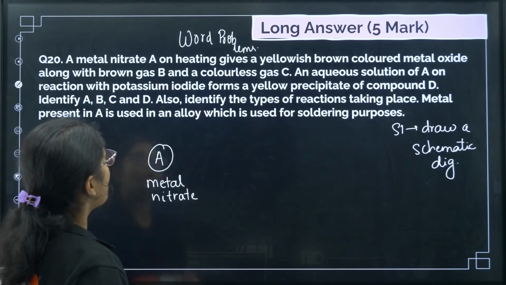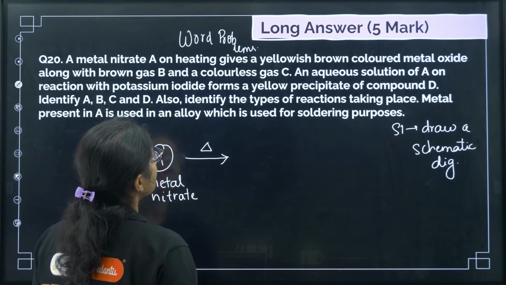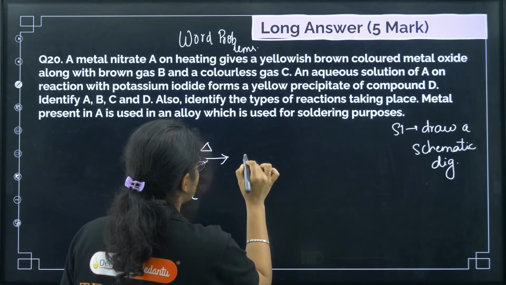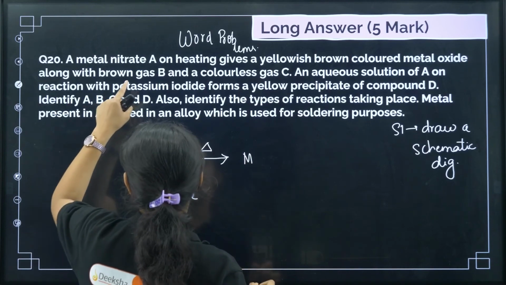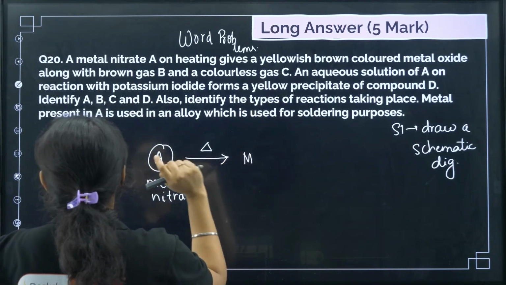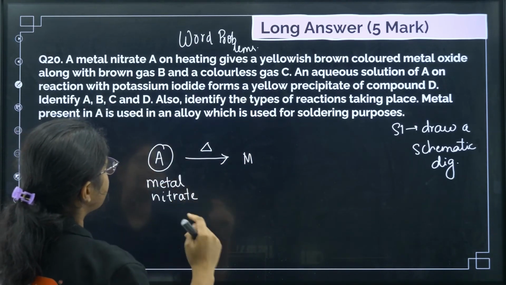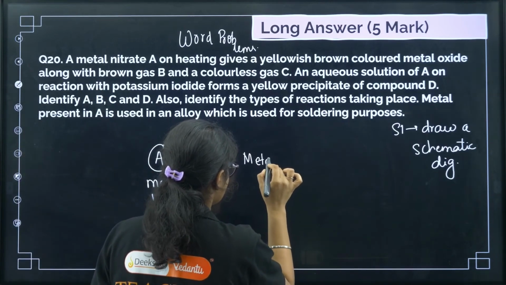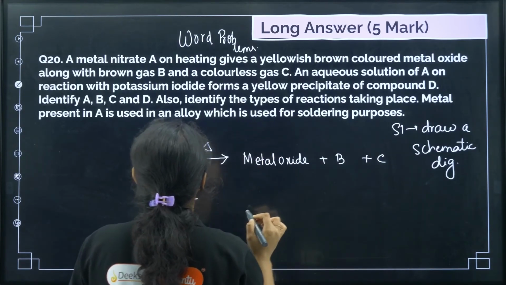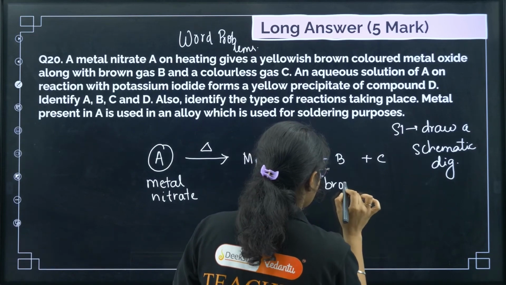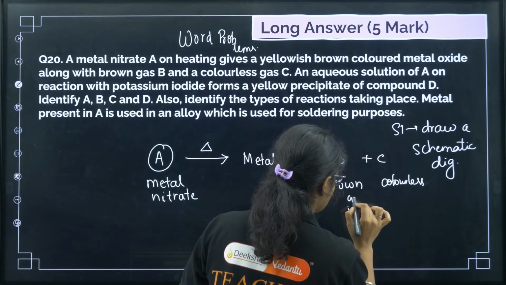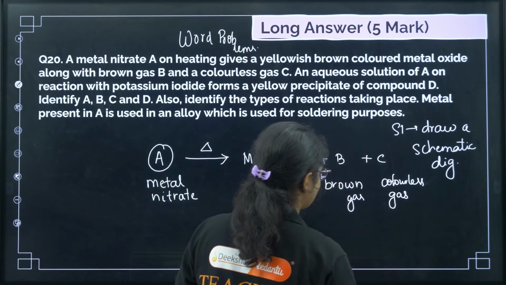On heating, when you heat A, it gives a yellowish brown color metal oxide along with a brown gas B and a colorless gas C. So there is one metal oxide produced, plus there is B and plus there is C. B is a brown gas, and C is a colorless gas.